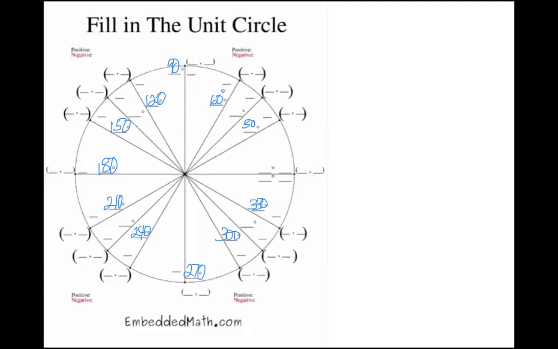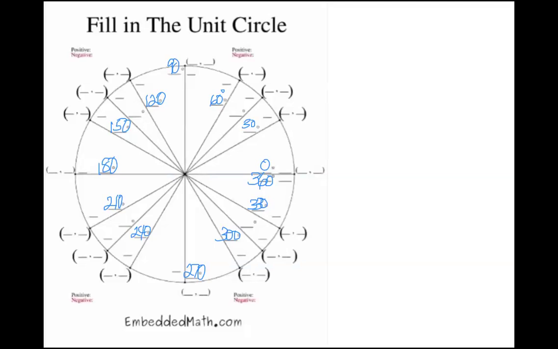And then 30 more is 360. And that got us back to 0. So right up there, on the top part, we're going to call that angle 0 degrees. And then if we make a full circle, a 360-degree turn, we get all the way back around.